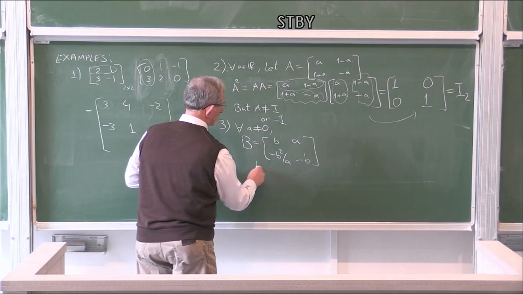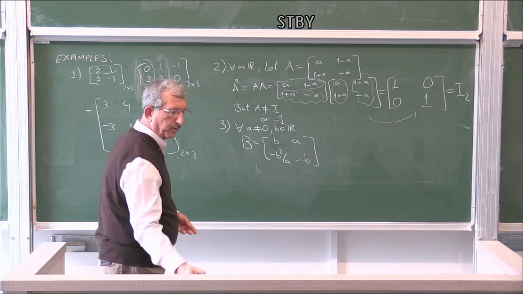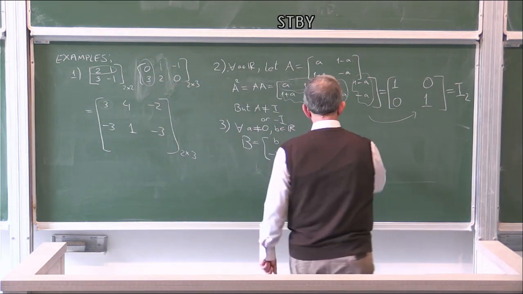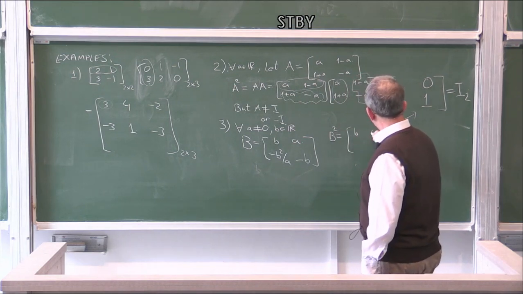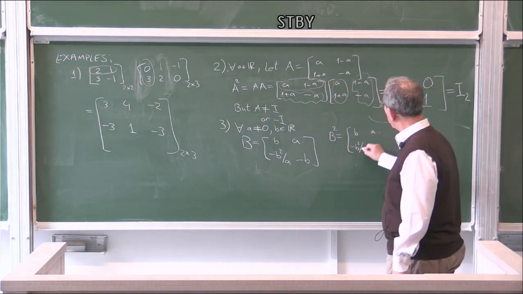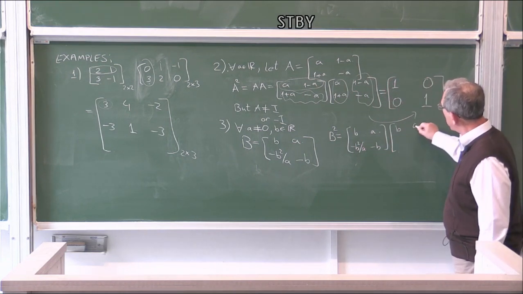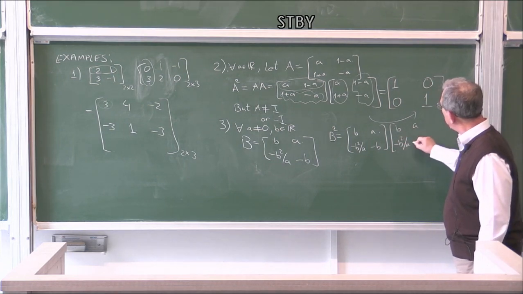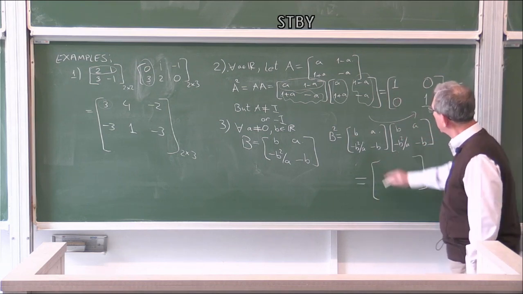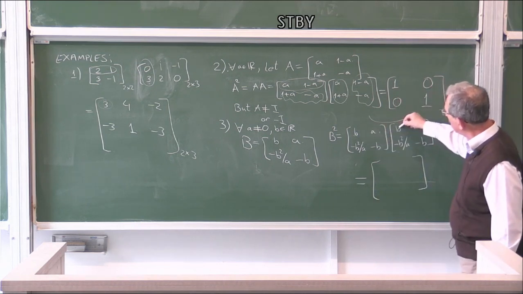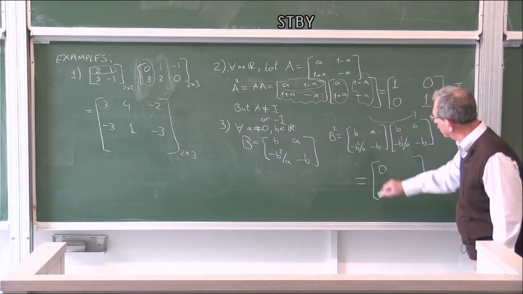Okay, b is any number, so b is in R. Now consider B squared, which is B times B. Well, this becomes ba times ba, so b squared plus this product, which is minus b squared, so it is 0.